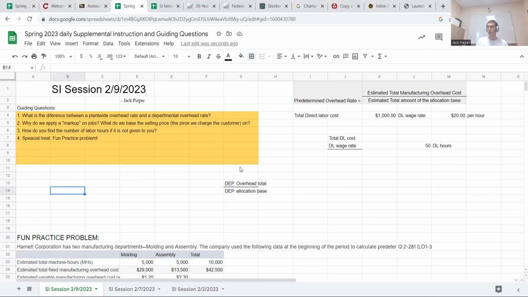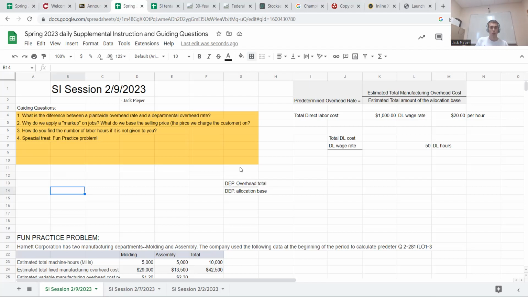Every time we do a job, it's going to cost the company some amount of dollars, and accountants need to be able to track those costs and accurately tell you exactly how much of our money it took to generate that revenue.